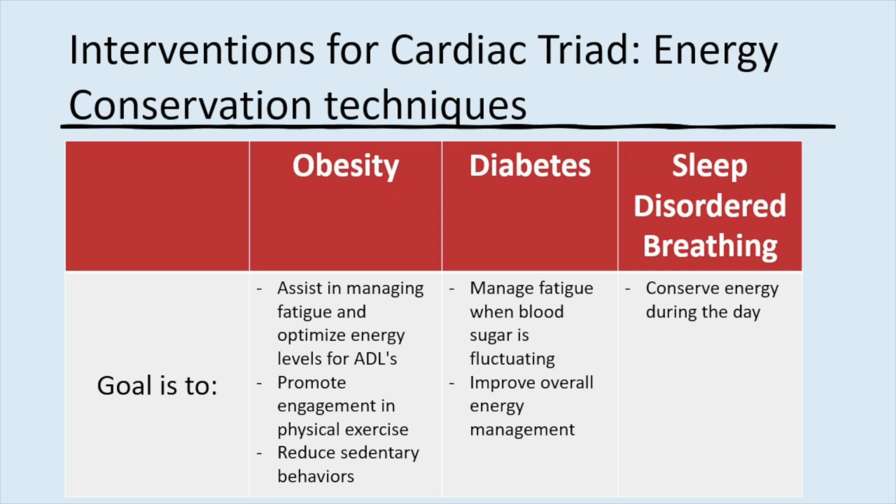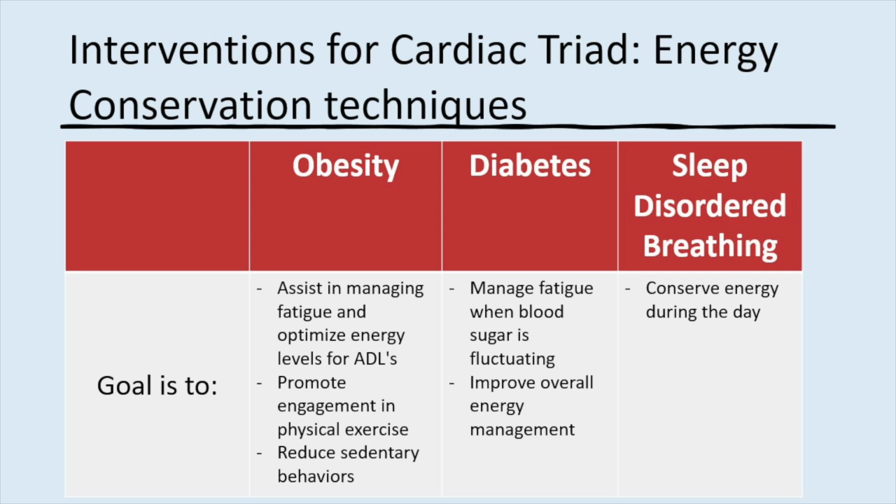So we can use those and apply those techniques for obesity and diabetes. Our goal with applying energy conservation techniques with obesity are to assist in managing fatigue and optimize energy levels for ADLs, promote engagement in physical exercise, and reduce sedentary behaviors.